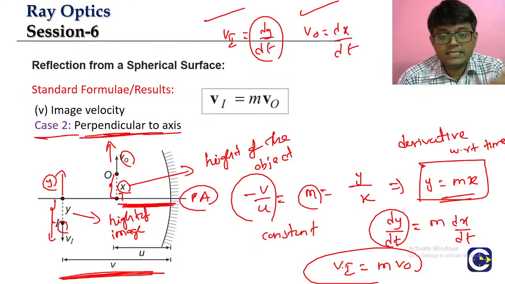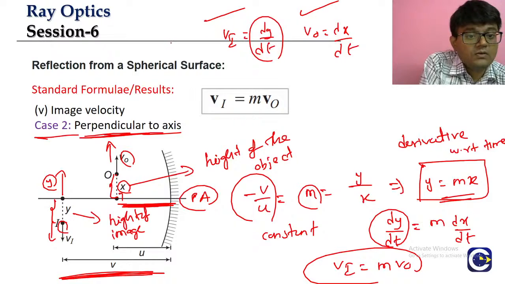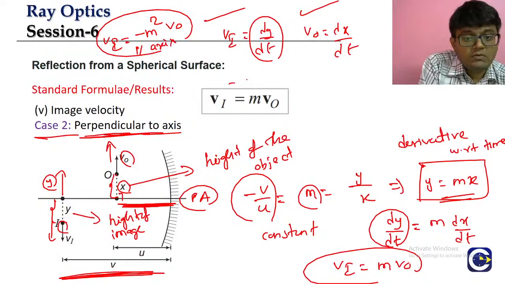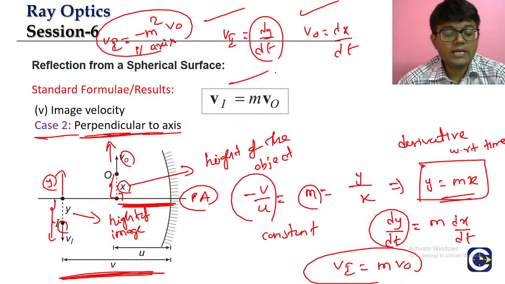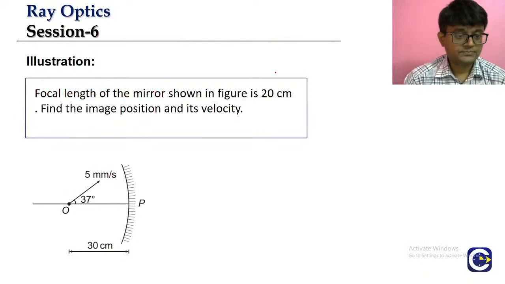The velocity relation with the components of velocity parallel to the principal axis: Vi is equal to minus m square into Vo. This is the parallel to the axis component. And in terms of the perpendicular to axis component, Vi is equal to m into Vo. Okay.